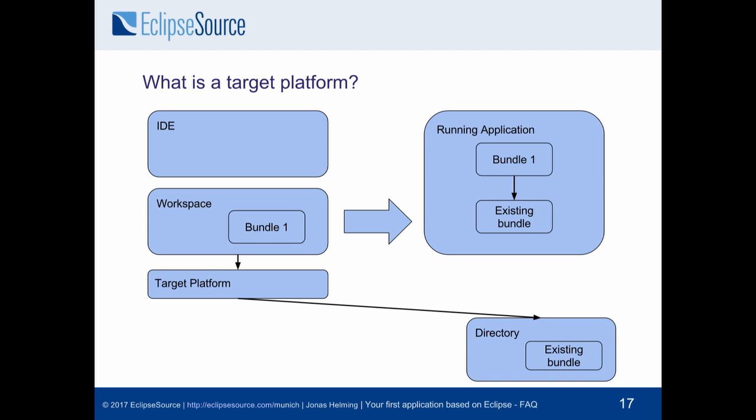However, if you download the Eclipse IDE, the Eclipse IDE itself also contains a lot of Eclipse technology. It typically contains most of the plugins that you will use in your running application too, because it's based on the same technology.